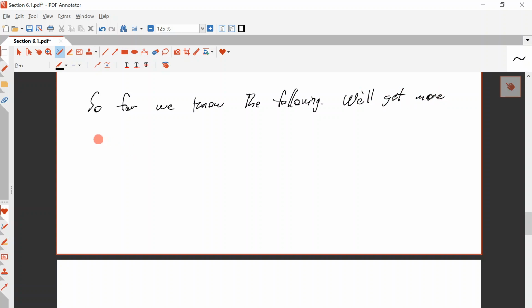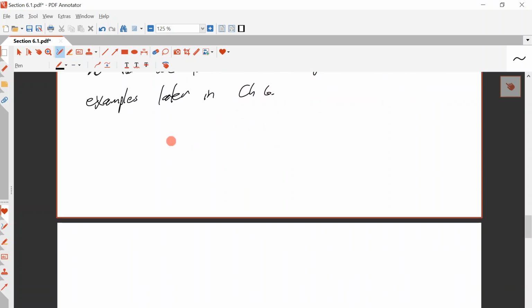More examples later in chapter 6. Is that 1 over 1 minus x is the sum n equals 0 to infinity x to the n.